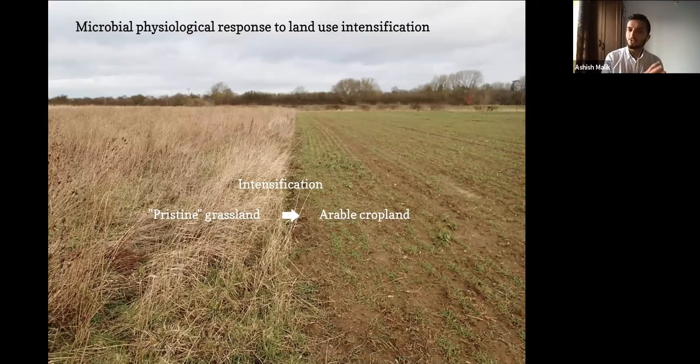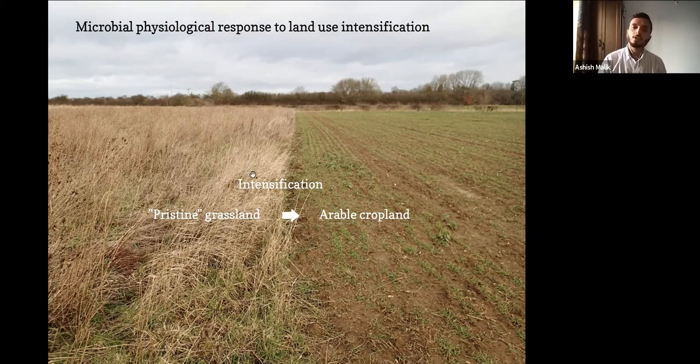A more pristine or less intensive grassland was compared to a more intensive management grassland or arable cropland, and this was not uniform because these are just sites that we found where there were contrasts that were available. So you can't really find such long-term experiments easily.